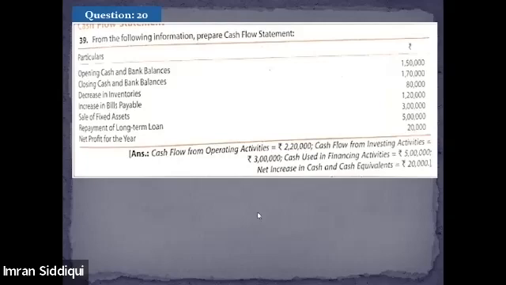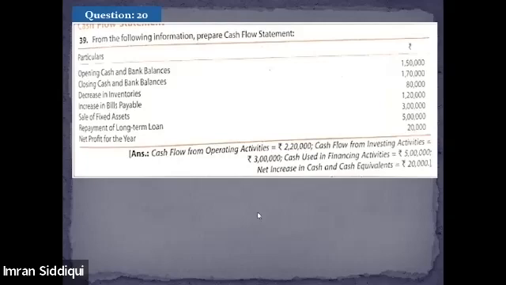Just a minute. The operating cash inflow is 2,20,000. Then we got investing 3 lakh, making 5,20,000, and then subtracting 5 lakh, we got 20,000.